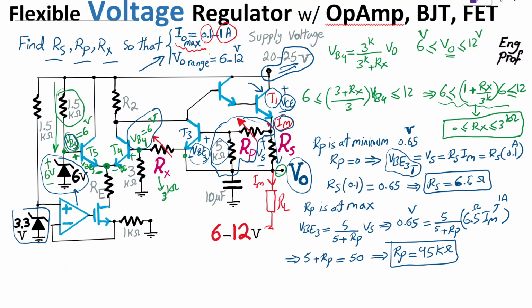This 3.3 volt Zener here is the same thing. Once it is properly biased via the 1.5K, it causes 3.3 volt to appear at the positive terminal of op-amp 1. Assuming op-amp 1 is properly biased in the linear region of operation, the virtual short should hold.